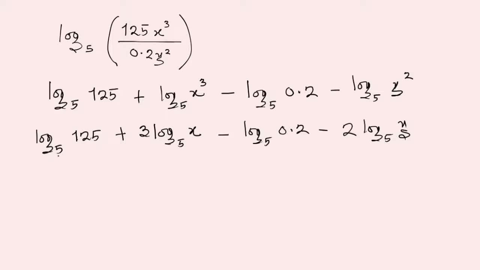Now, we know that log to the base 5 of 125 is equal to 3 plus, we cannot evaluate this because we don't have a value for x, so log to the base 5 of x minus log to the base 5 of 0.2. 0.2 is actually 1 over 5. And this definitely we can say is 5 raised to the power 1.